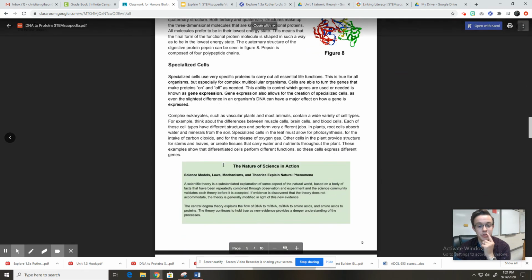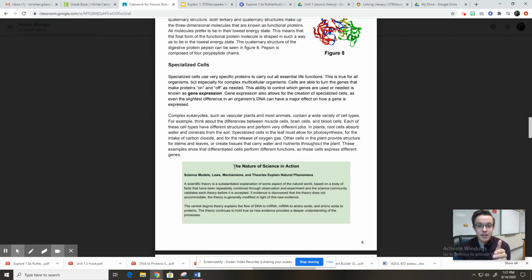Now those proteins are super important because those are what tell the cell its function. Those are like the workers in a factory, okay? Or the waiters at a restaurant, or the employees at any business. They are what sets cells apart from other cells.